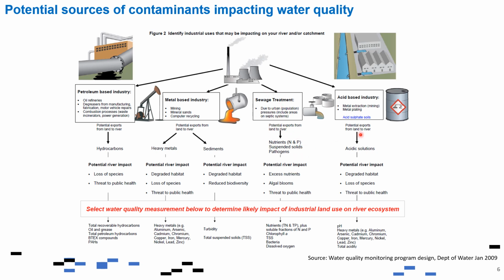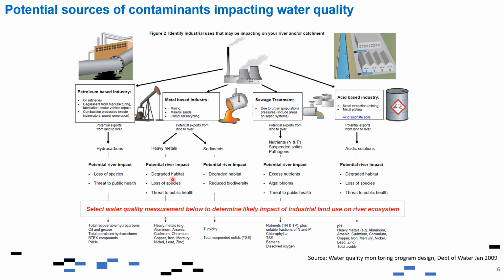And then you have some acid-based industry as well, so a lot of metals, some acidic solutions, which all in all will impact the receiving water. If it is being disposed or discharged to the river, the river system will face a lot of danger. For example, in this case, it could be dead fishes, which is also very harmful for people if they are consuming them.